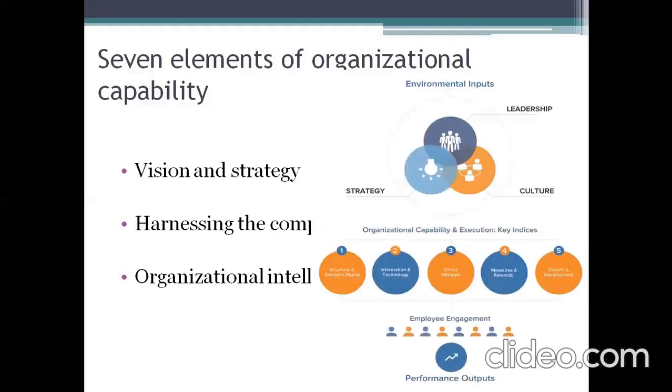Those who make and take decisions are the leaders, who rely on the top level of management. They take the environmental inputs, analyze the market and the financial capabilities, get the data and create the strategy. They lead the entire proceedings, they have the culture, and they create the vision, mission and the policy, or we can say the ethical policy.